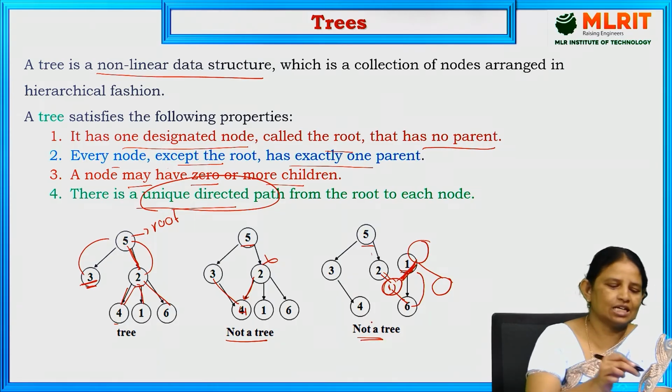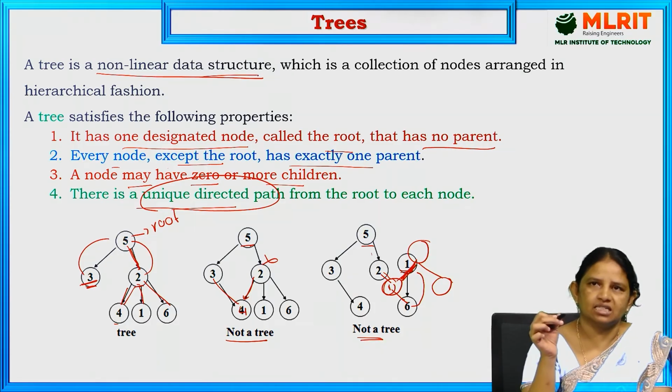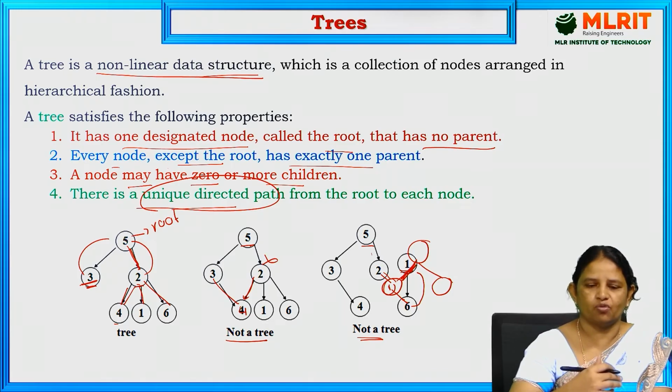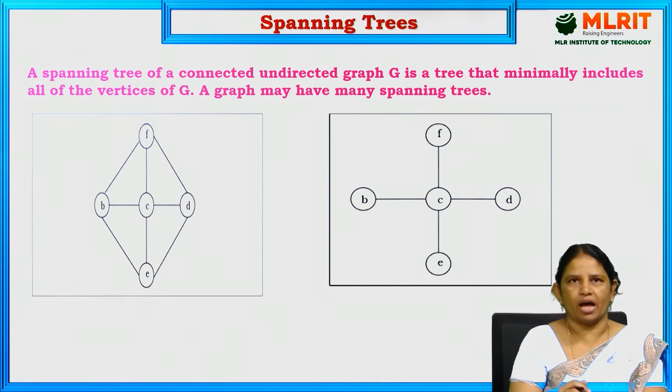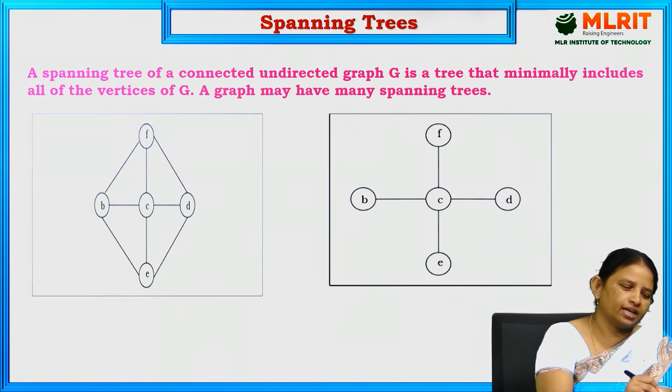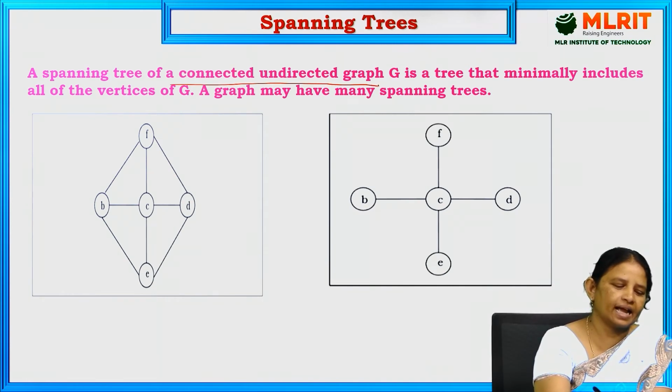So a tree is a non-linear data structure in which the nodes are arranged in a hierarchical structure. Coming to the spanning tree, what is the definition of a spanning tree? A spanning tree is a connected undirected graph.